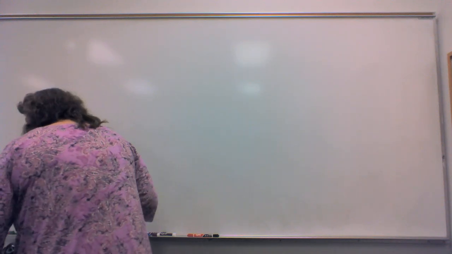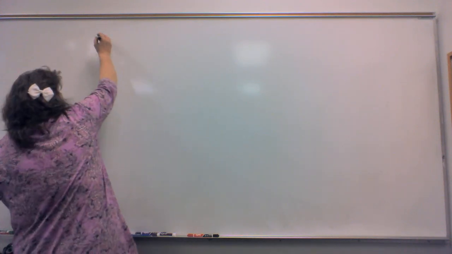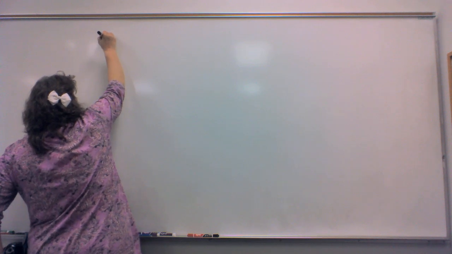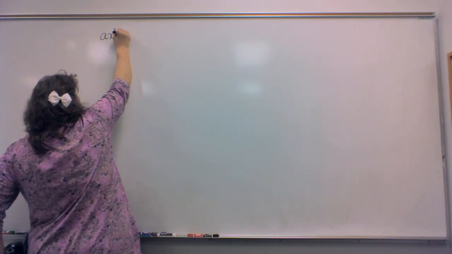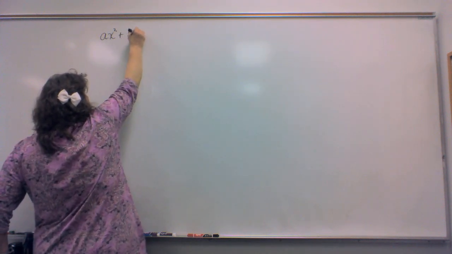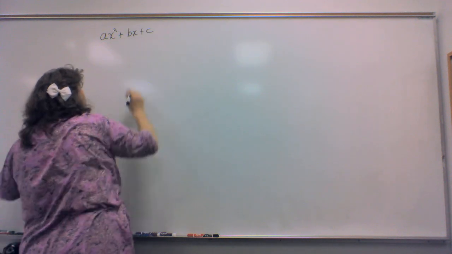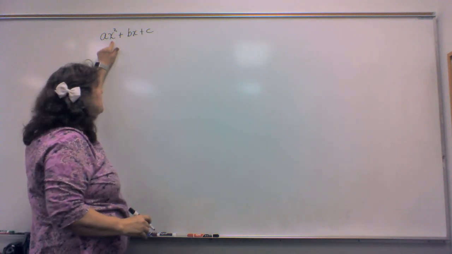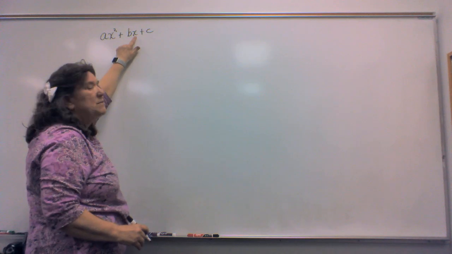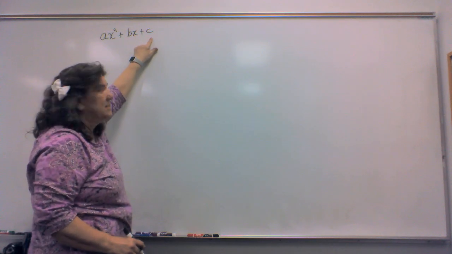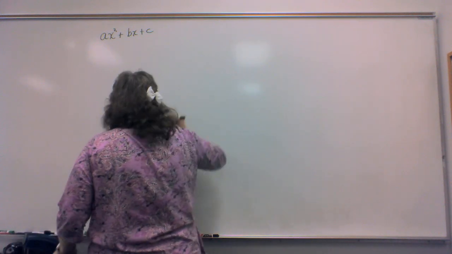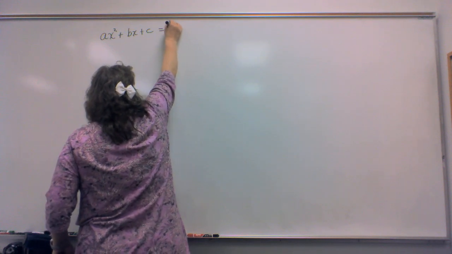We use this on equations of the form ax squared plus bx plus c, in other words, a number times x squared plus a number times x plus a constant called c, and this has to equal 0.